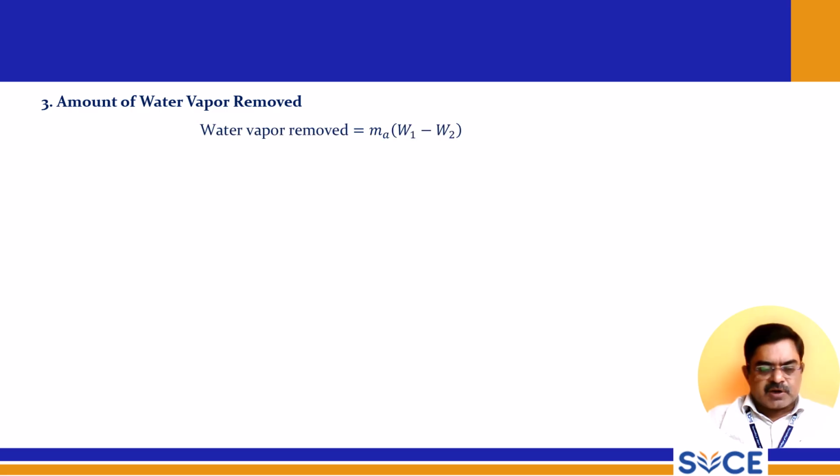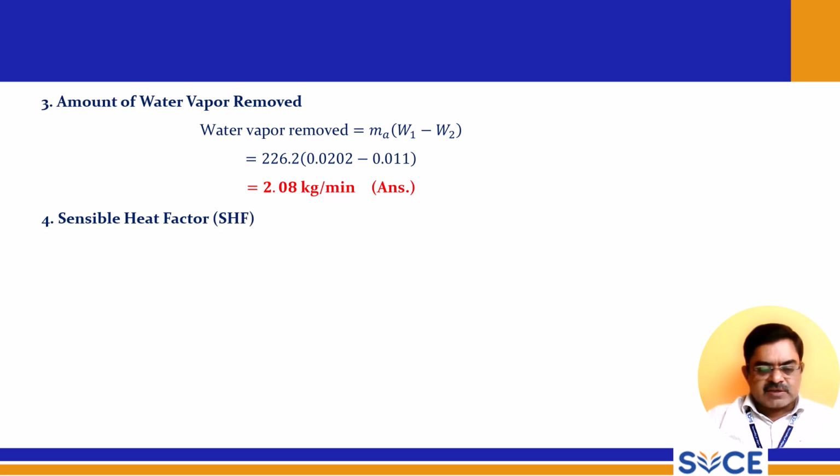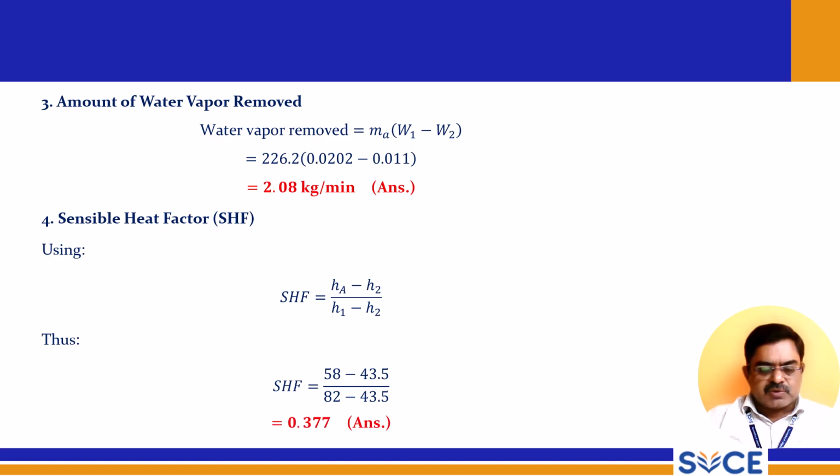Amount of water vapor removed equal to MA (W1 minus W2), so that is 2.08 kg per minute, and the sensible heat factor is SHF. We know all these values directly, we can substitute and get 0.377 as the answer. So that is the sensible heat factor.